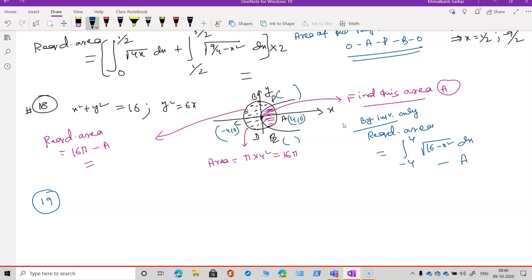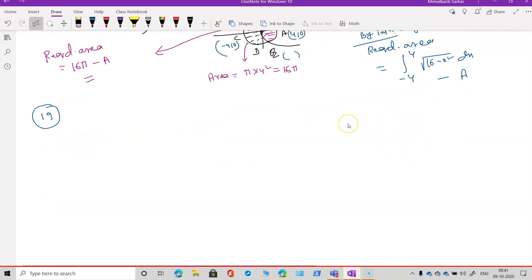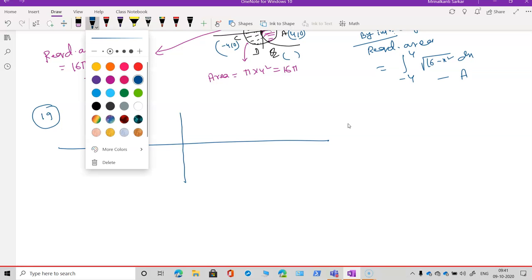So do number 19. Area bounded by the curves y equal to cos x and y equal to sin x between x greater than or equal to 0 and less than or equal to pi by 2. I am using different ink for 2 different curves. First I will be taking this one.